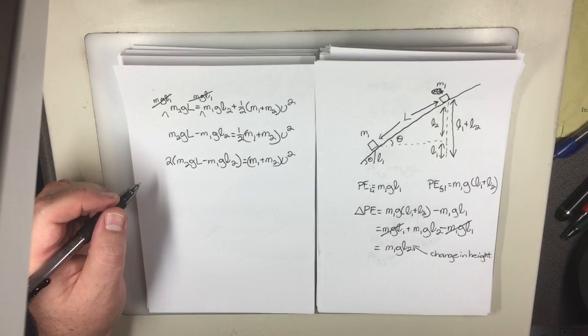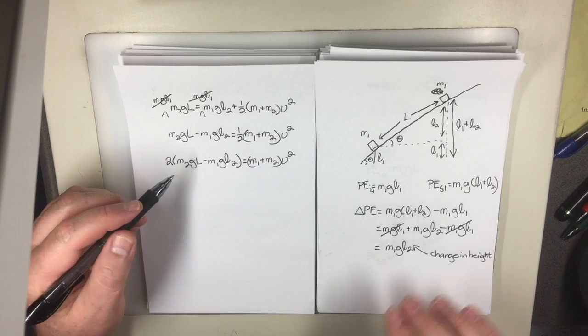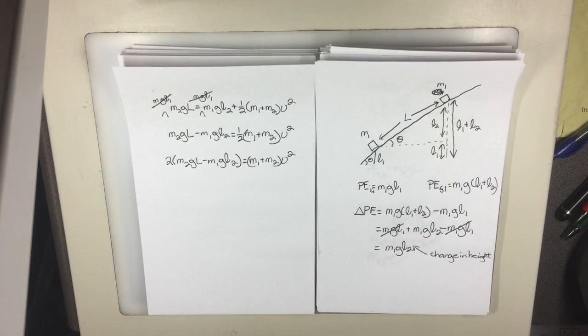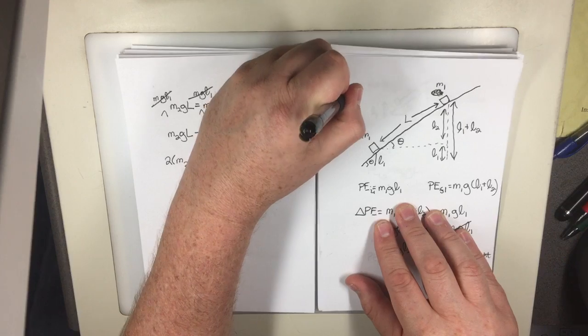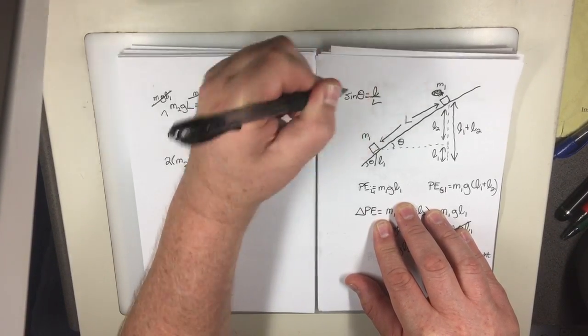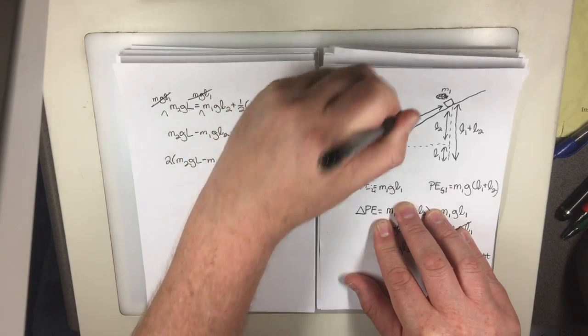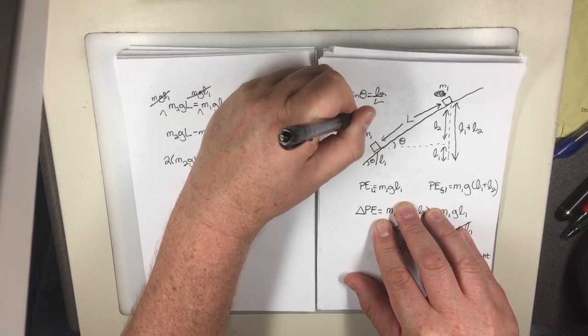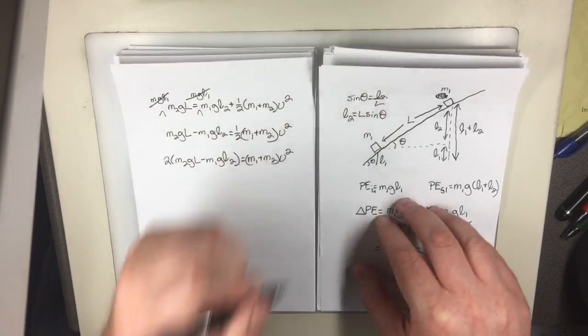Now, what I'm going to do is I'm going to substitute for L2. L2 is not a quantity that we know, but we can figure it out. If we think about the sine of theta, and we know what theta is, L2 divided by L. So L2 is equal to L sine of theta.